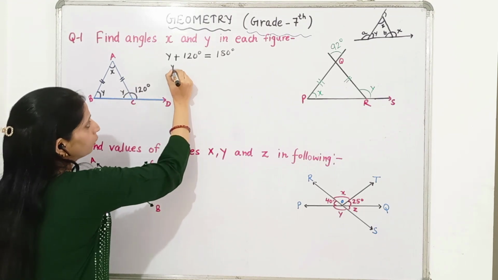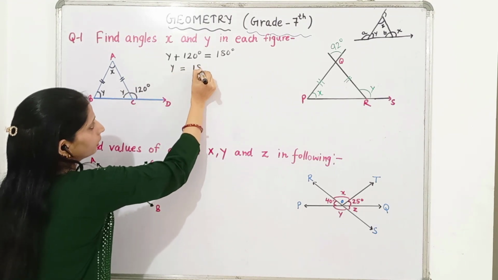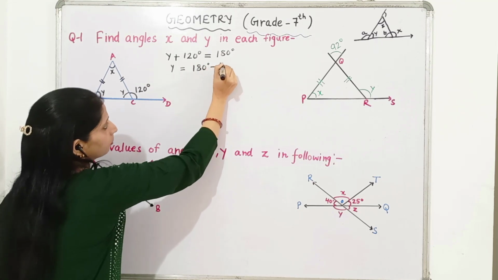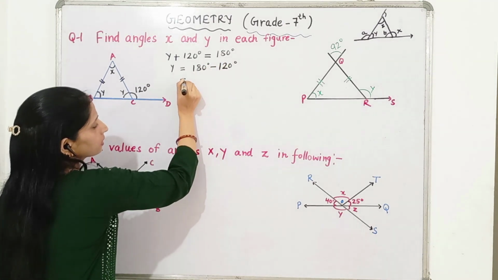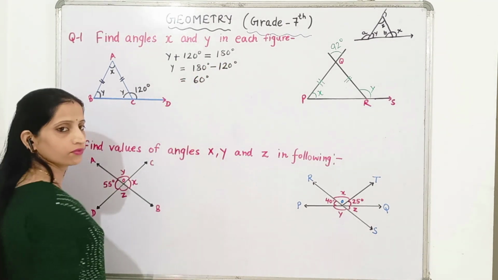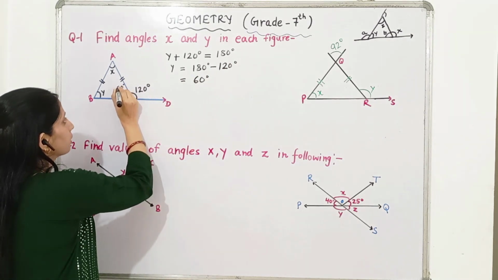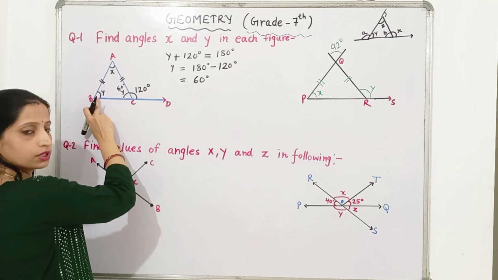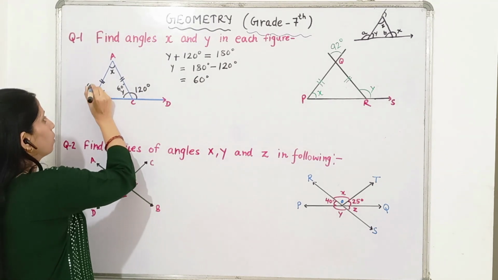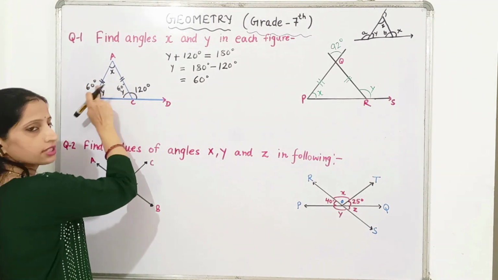So what will be the value of y? y will be 180 degrees minus 120 degrees, that is 60 degrees. So we got the value of y. This is 60 degrees. If this is 60, so this will also be 60, because these two sides are equal.